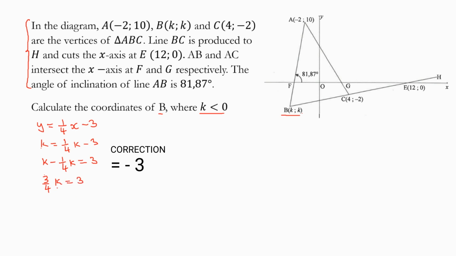And then how do we get k here? We multiply by the multiplicative inverse of 3 over 4, which is 4 over 3. So we multiply by 4 over 3 on both sides. So 3 over 4 k times 4 over 3 is equal to 3 times 4 over 3. 3 divided by 3 is 1, 4 divided by 4 is 1, and you remain with k is equal to... sorry, here it is negative 3.